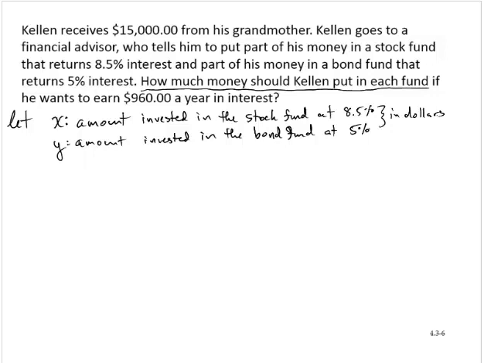We know that the amounts are related by the total. We're told that Kellen receives $15,000, and he's going to invest all of it. So from the $15,000, we know that those two amounts, x plus y, must equal 15,000.